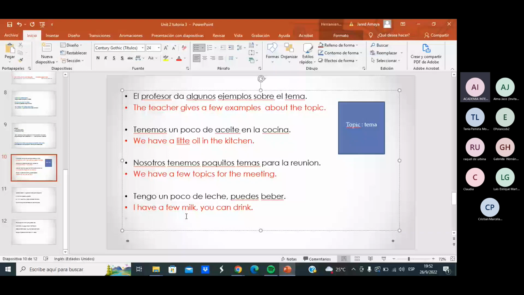Yeah, that's correct. Milk is uncountable, but a few is only used with countable nouns. Why are you using a few and not a little here? Or is the sentence incorrect here? What do you think? A little.